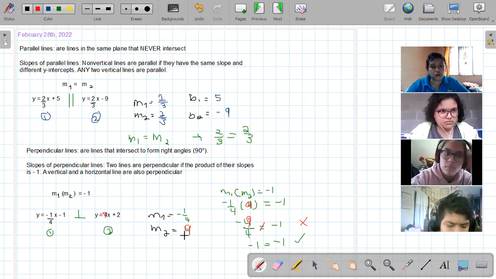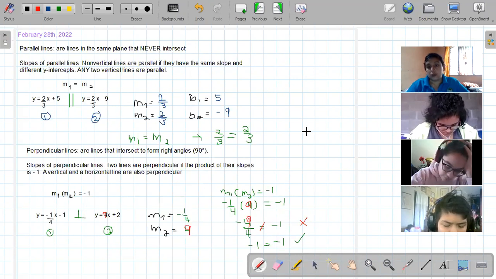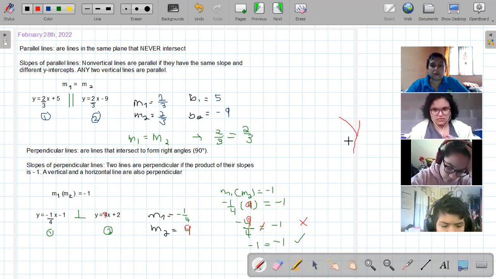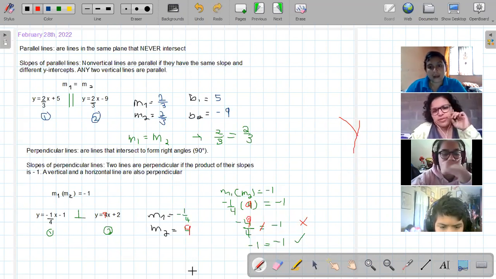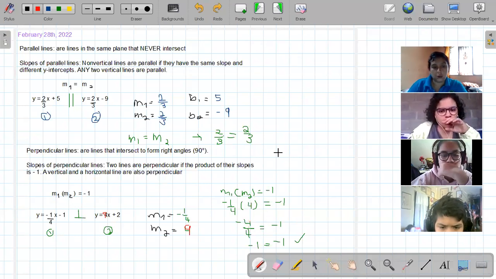Why not parallel? Because the slopes are not the same. Why not perpendicular? Because they don't multiply to -1. So probably they will intersect somewhere like that with a different angle. You see, this angle is much greater and this angle is much smaller than 90 degrees. So before determining if it's perpendicular or parallel, I need to do the procedure like this, okay? Any questions?